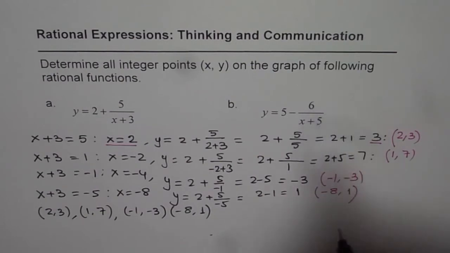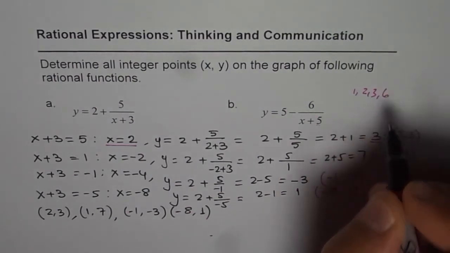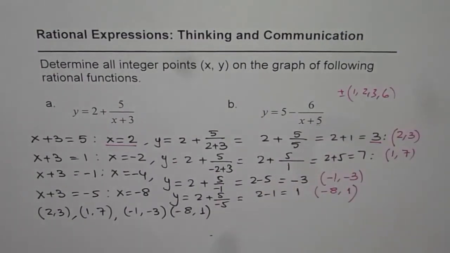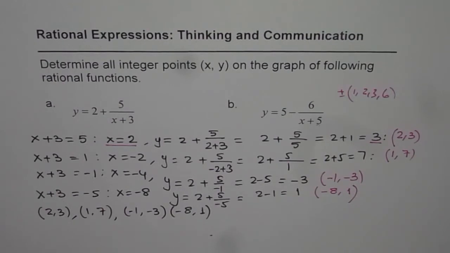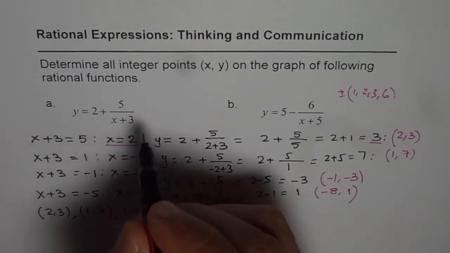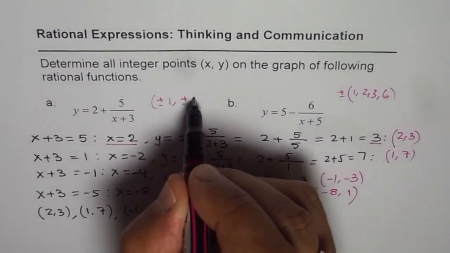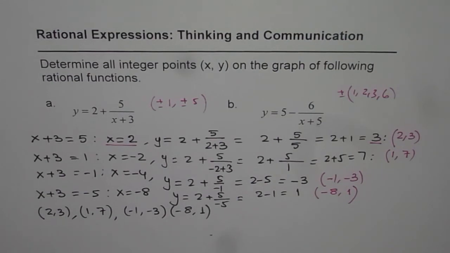Since the factors of 6 are 1, 2, 3, and 6, x plus 5 could be plus and minus of all these, so there are 8 possible answers. In this case we are looking for plus and minus. I hope you get the concept. That is how we are going to solve these questions.